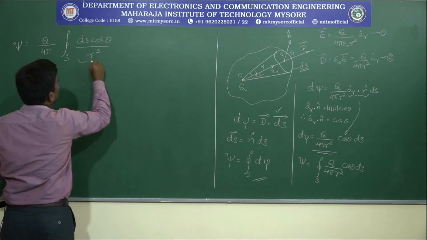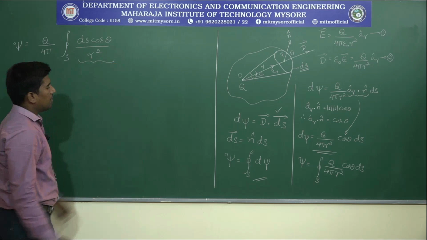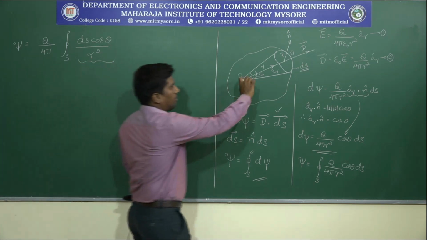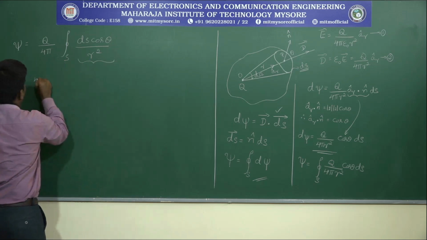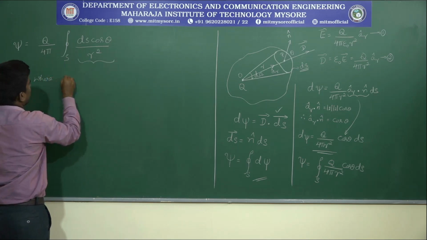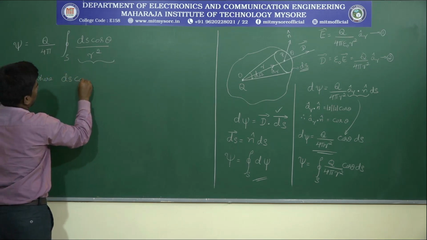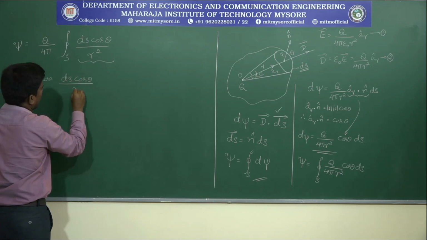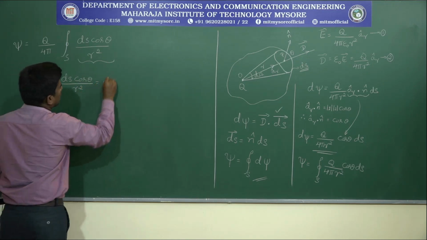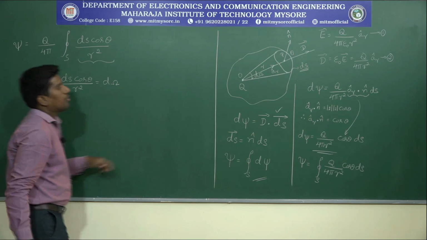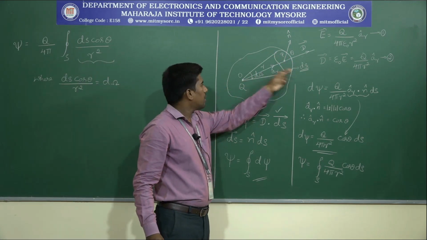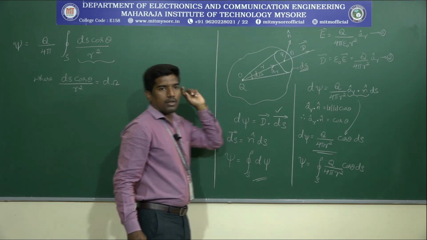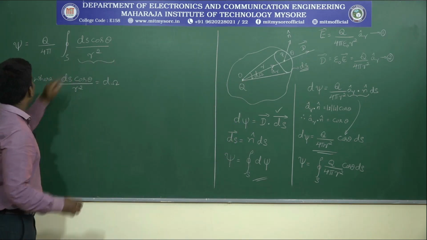What is this? ds into cos theta divided by r square is called the solid angle, where ds into cos theta divided by r square is the solid angle formed due to the surface ds at point O. Okay, this is called solid angle.